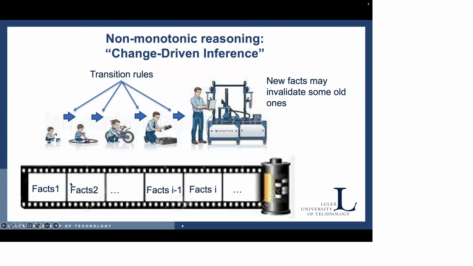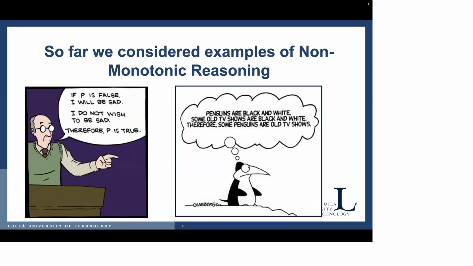Non-monotonic logic, again, does reasoning only within the context of the facts that exist. So you do revisions, and then your reasoning is conserved within the facts you know about the world. And when you discover some new facts, for example, as exemplified here, you change your skills, you obtain new skills when you grow up and go through different educational steps. So these new facts definitely invalidate some old facts about yourself. So that's what I meant by the need for revision.